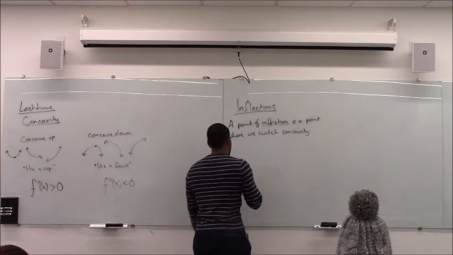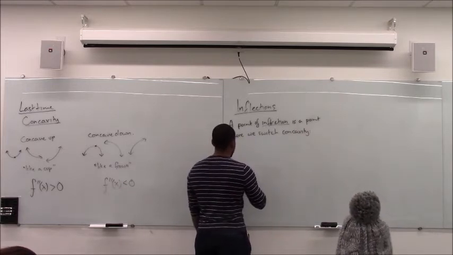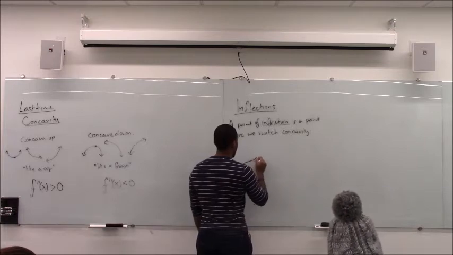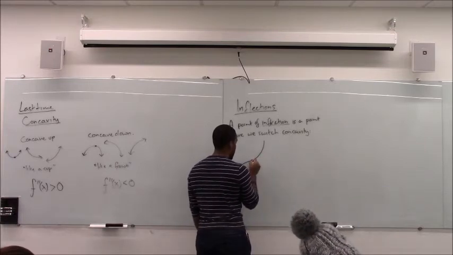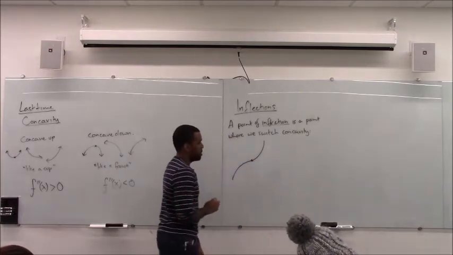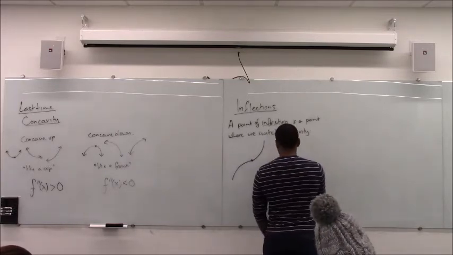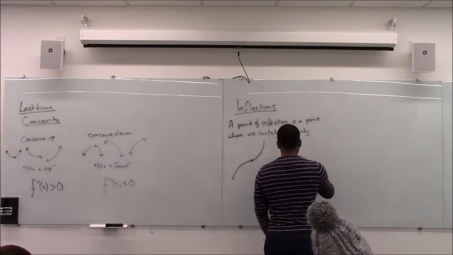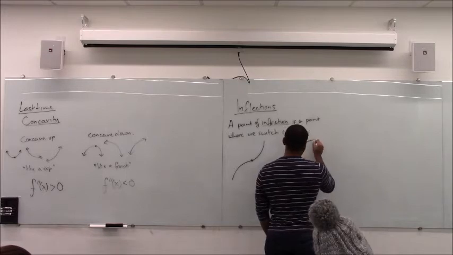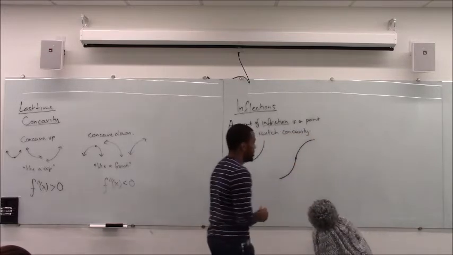So you could have been concave down, then there came a point where you switch to concave up. So that point would be an inflection point. Or you could have been concave up, there came a point where you switch to concave down. That's called an inflection point.